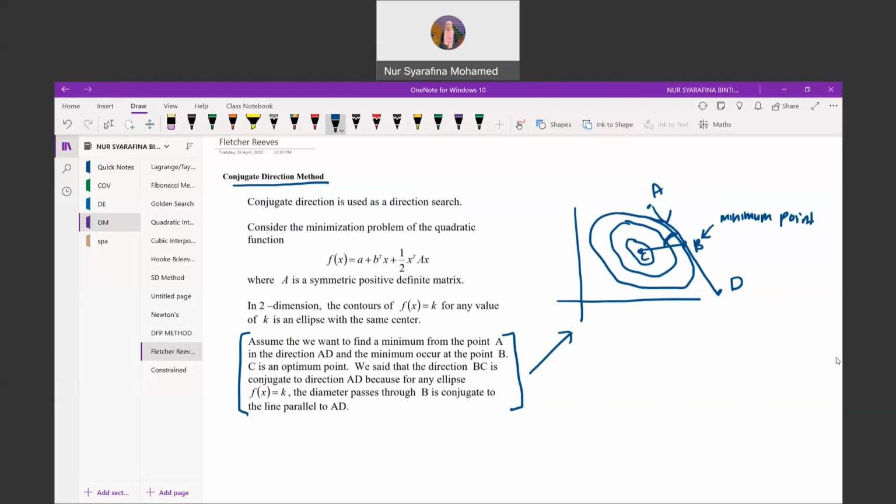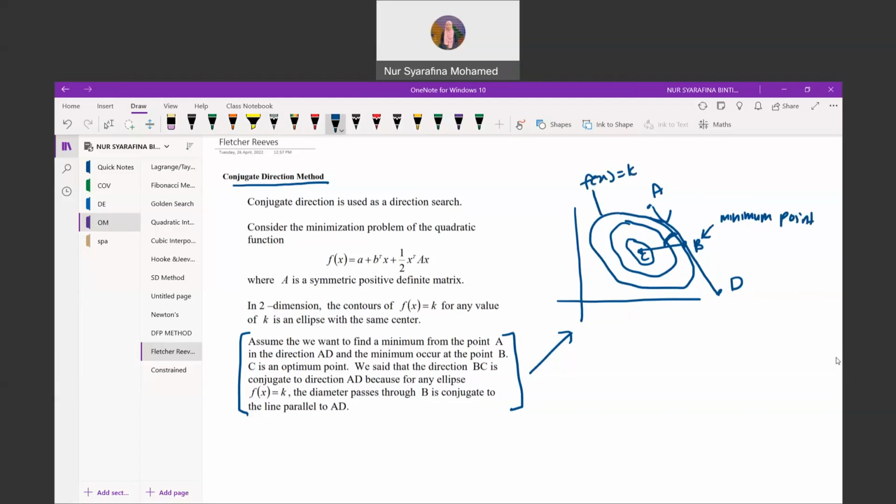We say that the direction BC is conjugate to direction AD because for any ellipse f(x) equals k, the diameter passing through B is conjugate to the line parallel to D.